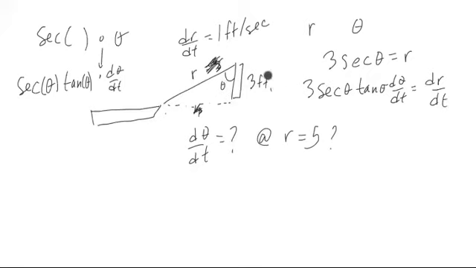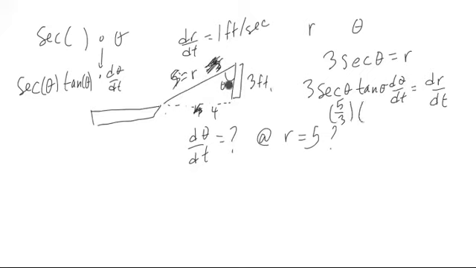Now, at this instant, when r is 5, we should actually know how to compute secant and tangent since we have the sides. So we should know that the secant is going to be 5/3 at this moment.